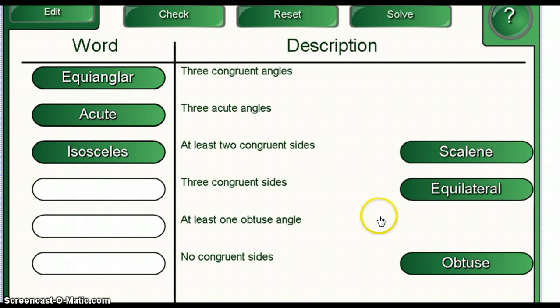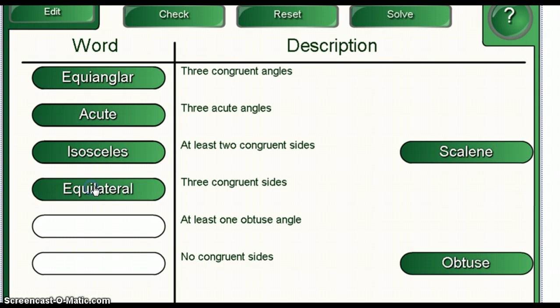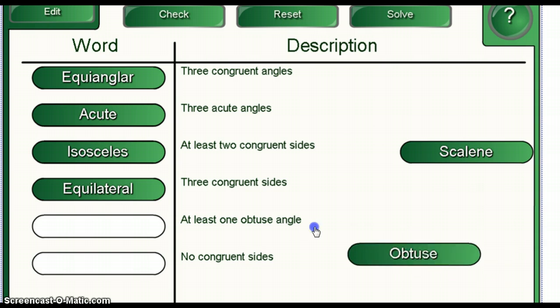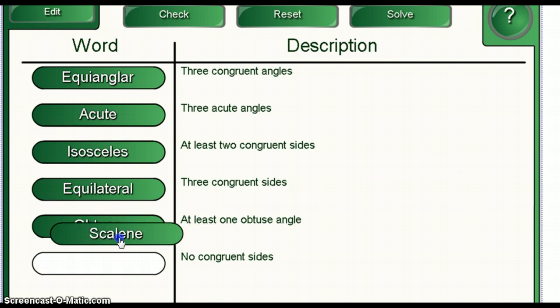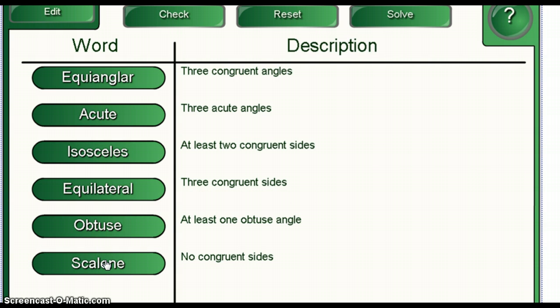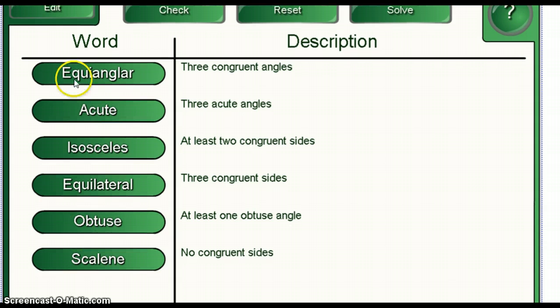If it has three congruent sides, it's equilateral. If it has at least one obtuse angle, and remember it can only ever have one, it's obtuse, and no congruent sides is scalene. And the only one not on here is a right triangle, in which it would have one right angle. Never can it have more.